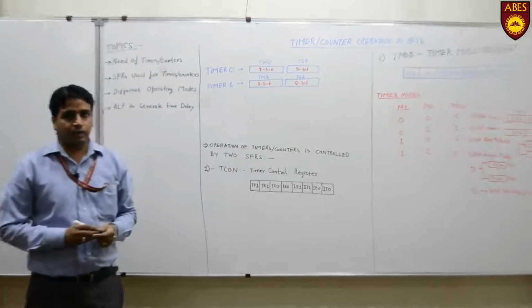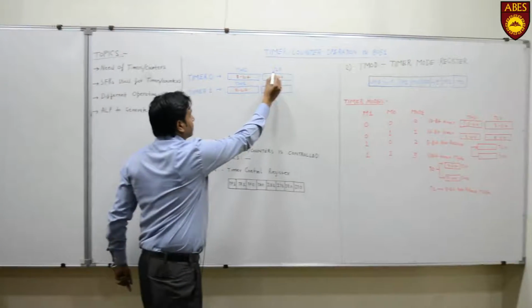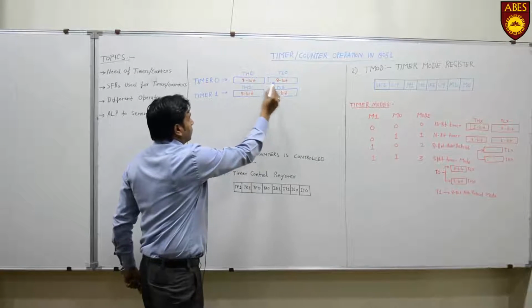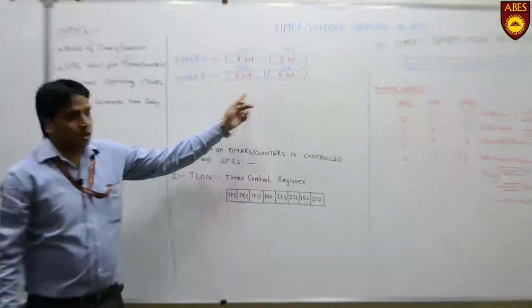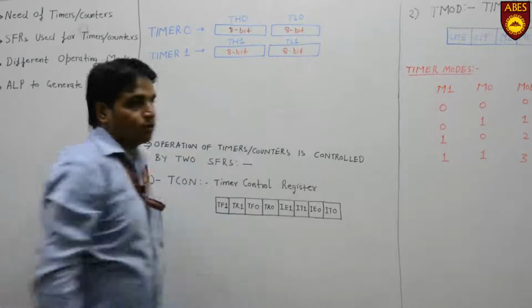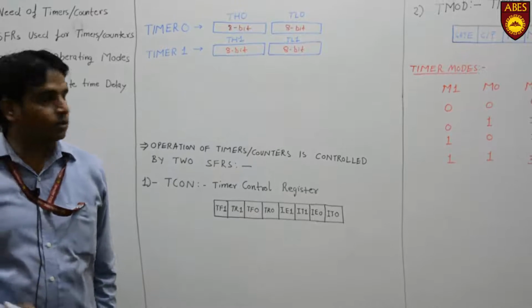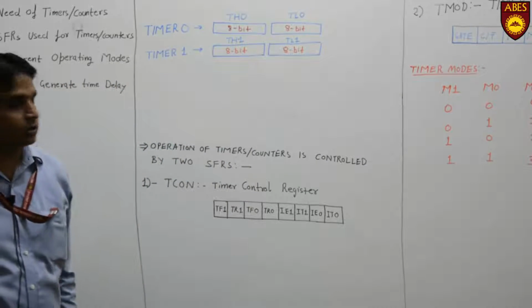So to control the operation of these two timers, that is timer 0 and timer 1, there are four 8-bit special function registers. These are identified by the names TL0, TH0, TL1 and TH1. All these registers are of 8-bit size, and here the TL0 stands for the lower order byte of the timer 0, then TH0 stands for the higher order byte for timer 0.